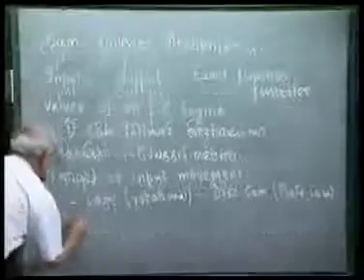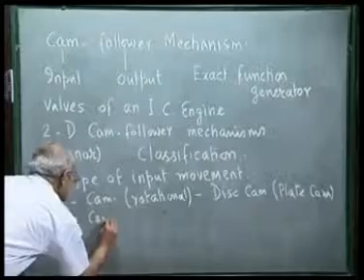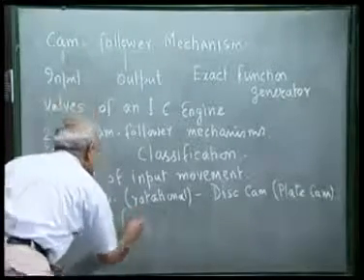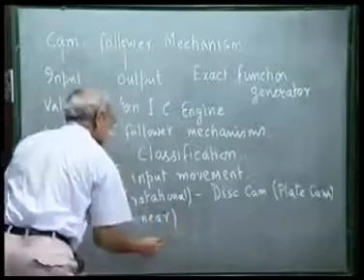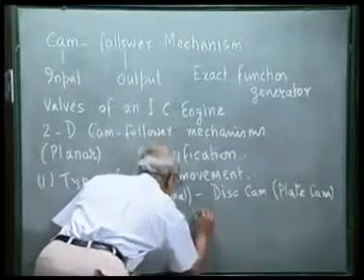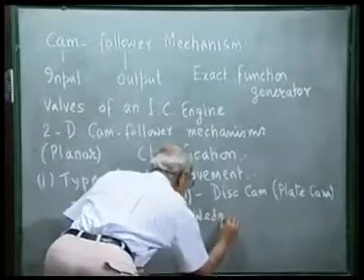And if the cam movement is translational, that is linear oscillation, let's say linear to and fro motion, then we will call it a wedge cam.